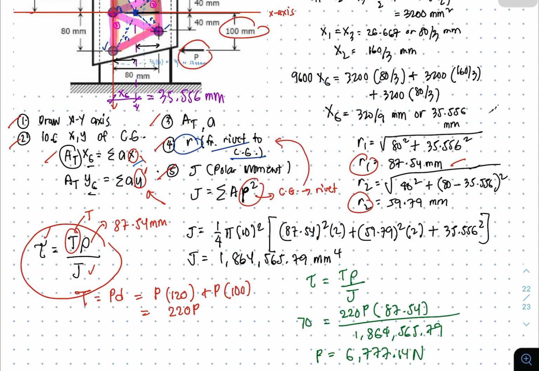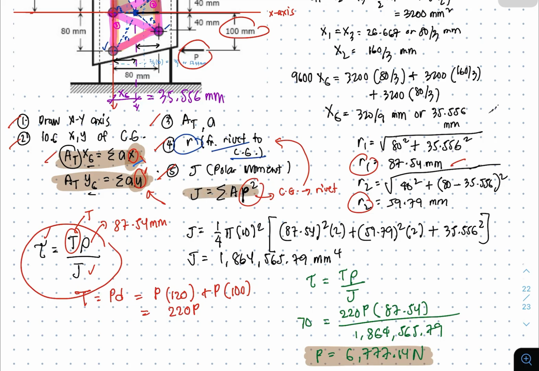All you need to do is to follow the steps so that you can solve for the correct value of our P. And you need to take note that in this formula, the distances here are from the centroid of the polygon to the axis it is being reckoned.